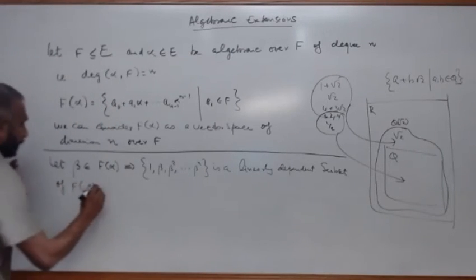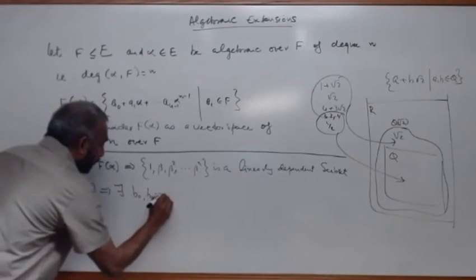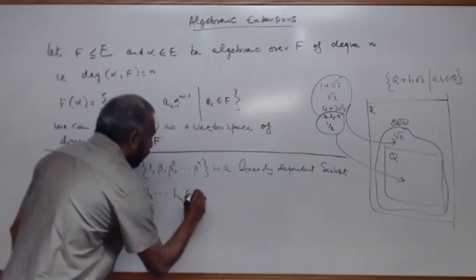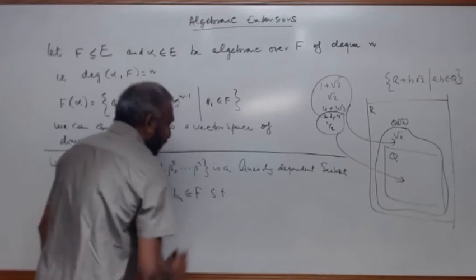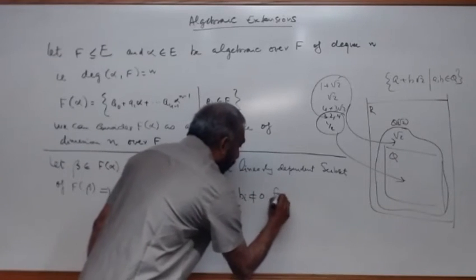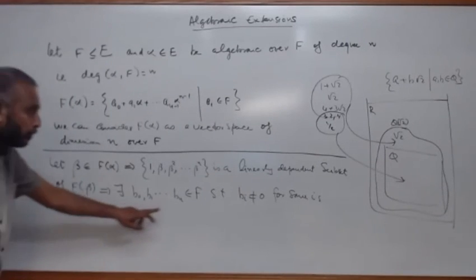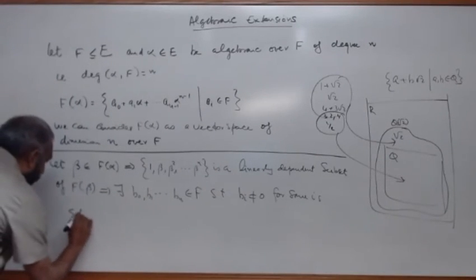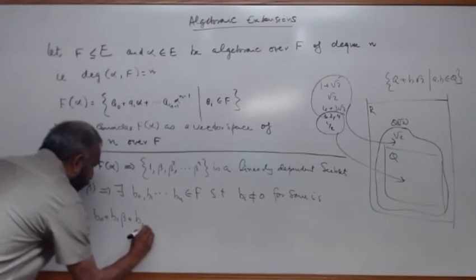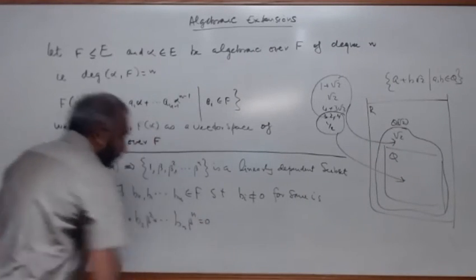So that implies there exist b0, b1, up to bn in F, with bi not equal to 0 for some i, because not all of them are zeros, such that b0 plus b1 beta plus b2 beta square plus up to bn beta to the power of n is equal to 0.